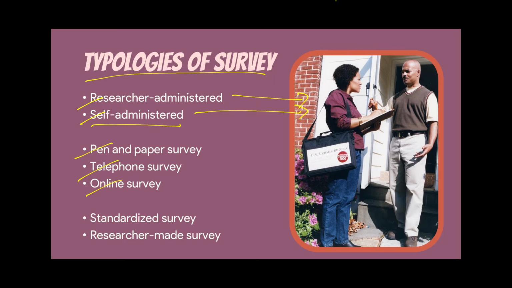The only issue with online surveys is verifiability, right? Unlike a pen and paper survey, you know exactly that the person who's answering your questions is your target population, because you can see the person right in front of you while you're giving the survey. But for online surveys, you're not sure who's accessing the link.